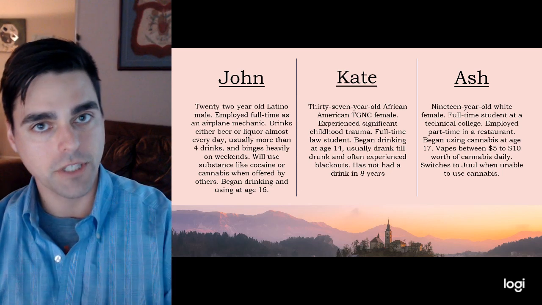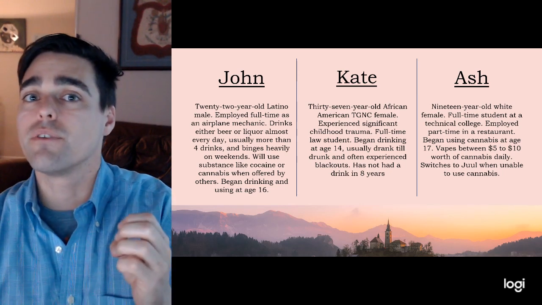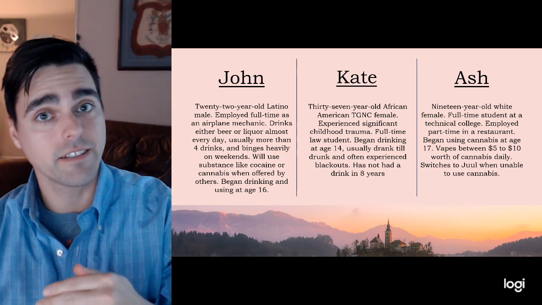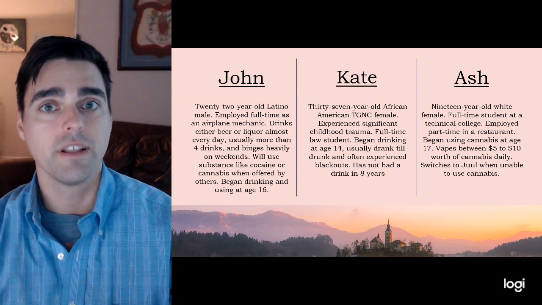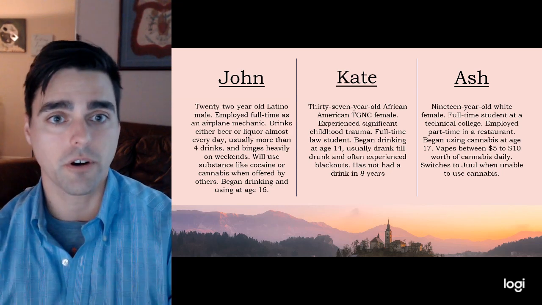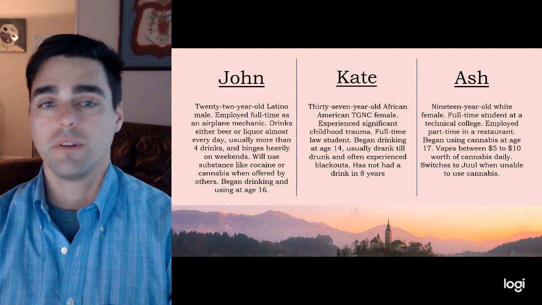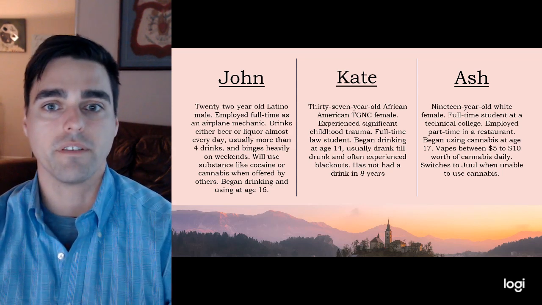And you'll understand better why going forward. Even though Kate doesn't qualify for substance use disorder, she might still be an addict. Furthermore, Kate is the only person in this particular lecture that's in recovery. And we're going to talk a bit more about what that means and how you can tell. So let's continue and keep these people in mind while you're thinking about everything we're going to be talking about.